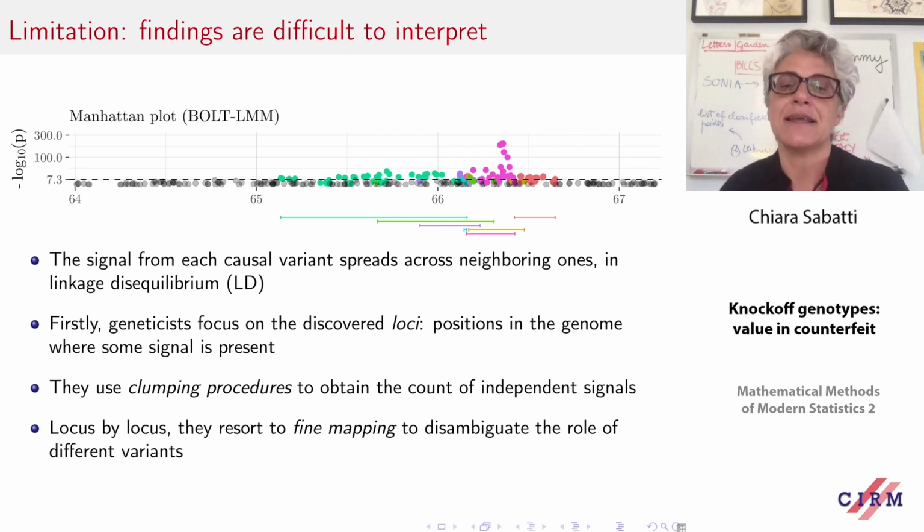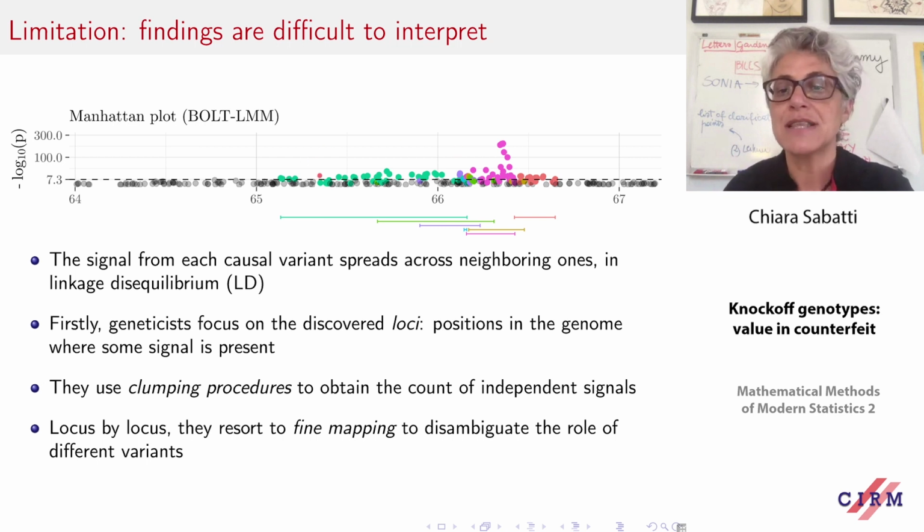And you can see that when we use height as a trait in this data set, we can get very strong signals for associations. The minus log 10 p-values that you see on the y-axis reach values of 300.